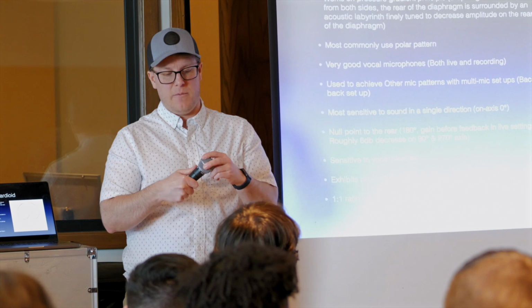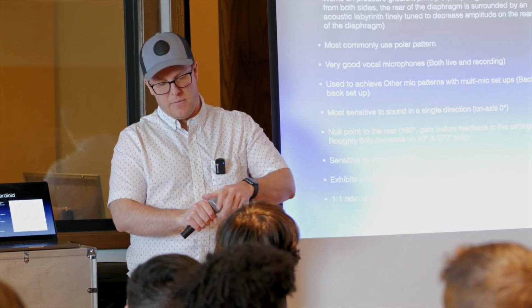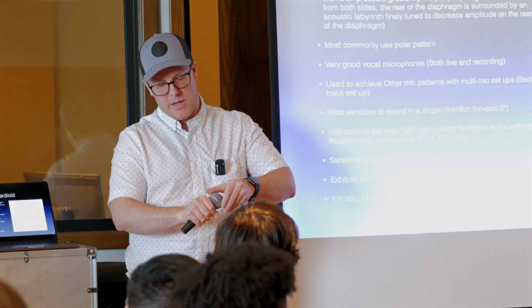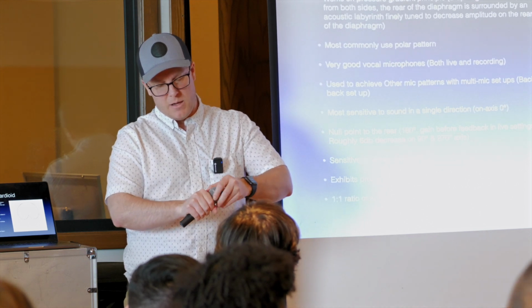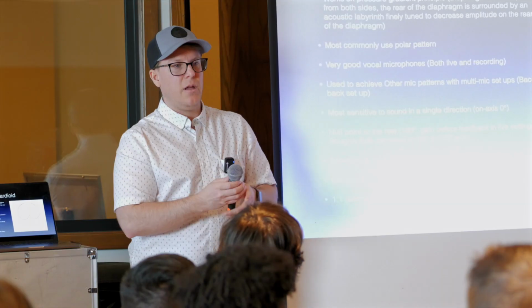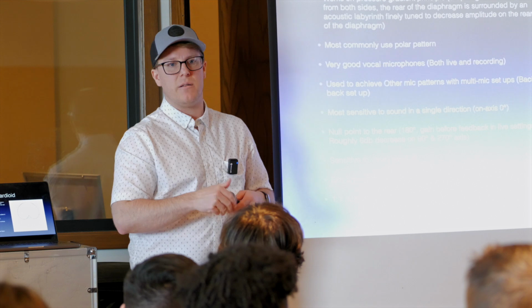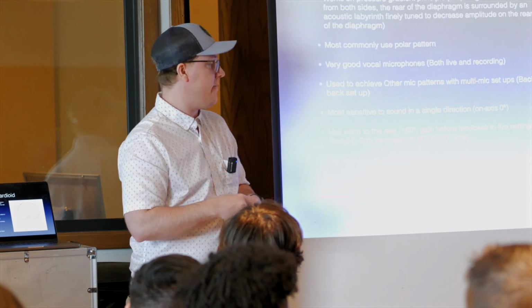Most standard dynamic microphones are going to have a windscreen built into them. So this one has a windscreen before the diaphragm, and there's also some foam padding in here. That's going to eliminate the plosive sounds that you would hear from a bare diaphragm.